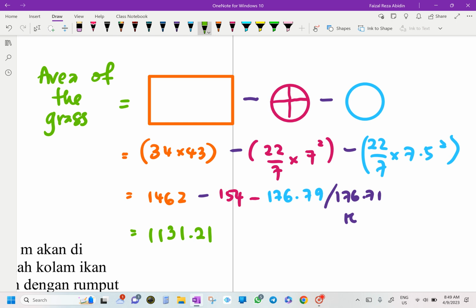The other answer is 1462 minus 154 minus 176.71. You are going to get 1131.29. Acceptable. Either one.